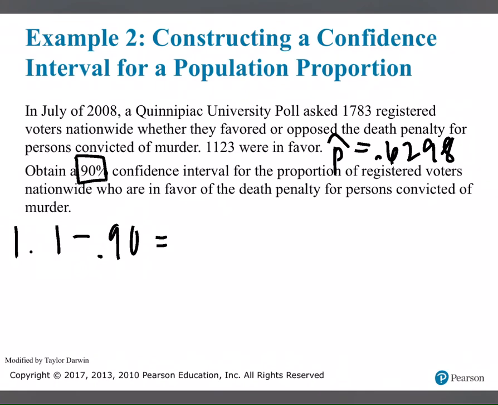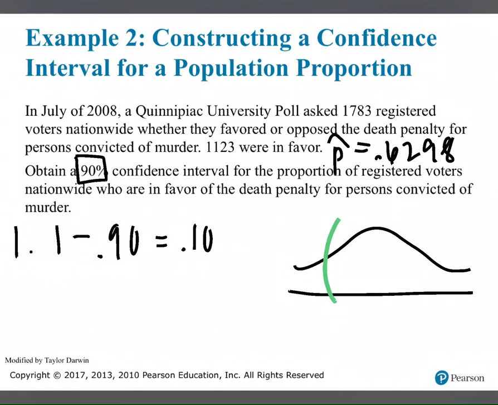So 1 minus 0.9 is 0.1. And let me show you what's happening right now. We're doing a 90% confidence interval, and we're capturing the population proportion 90% of the time, which means that 10% of the time we're not going to capture it.